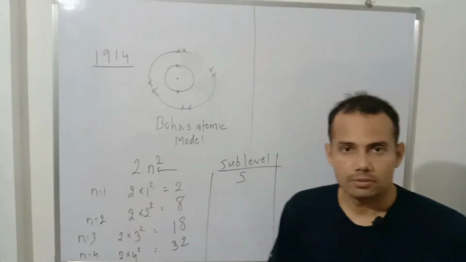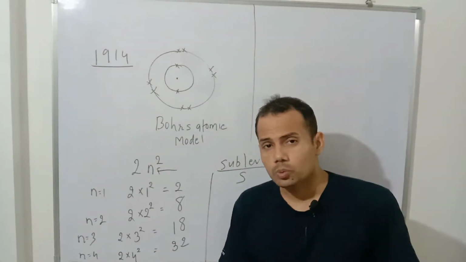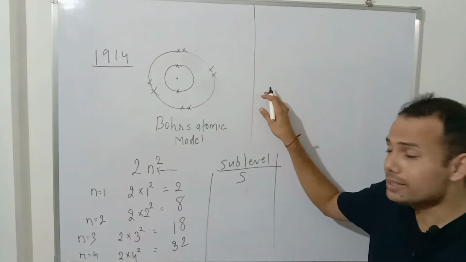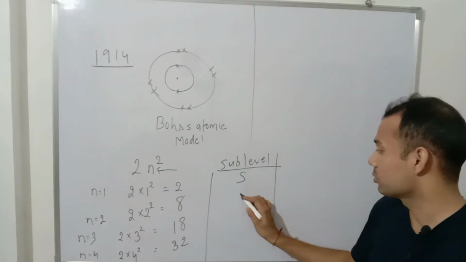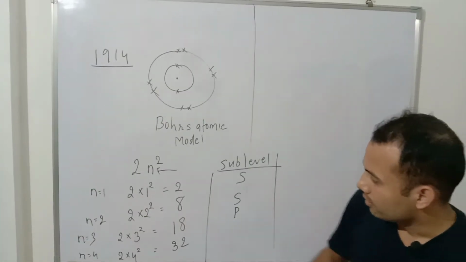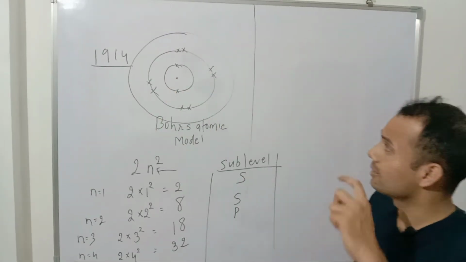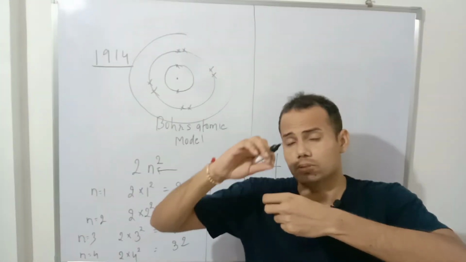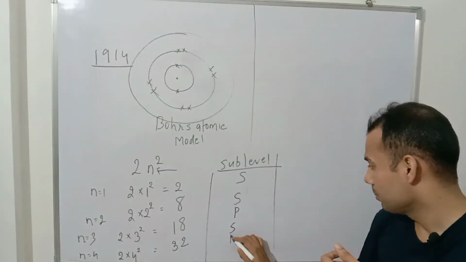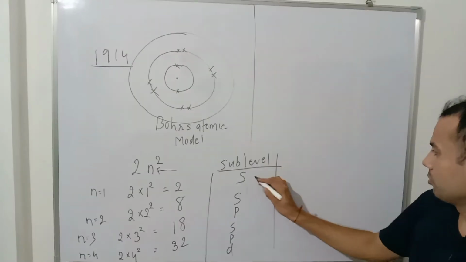That sub-level we call S. If I take n equal to 2, meaning the second energy level, then it can split into two sub-levels, one is S and another is P. Next is the third main energy level, and that can split into 3 sub-levels. So it becomes S, P and D.